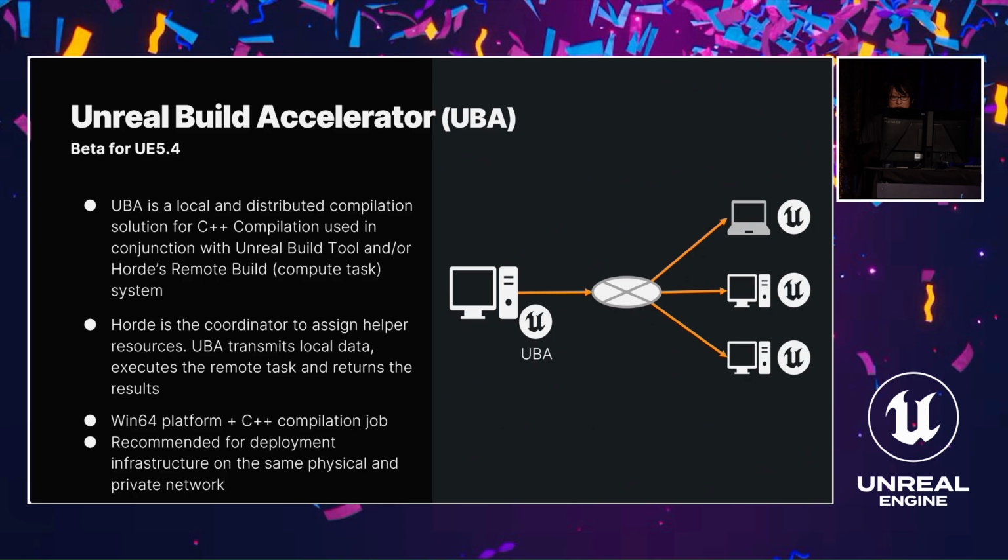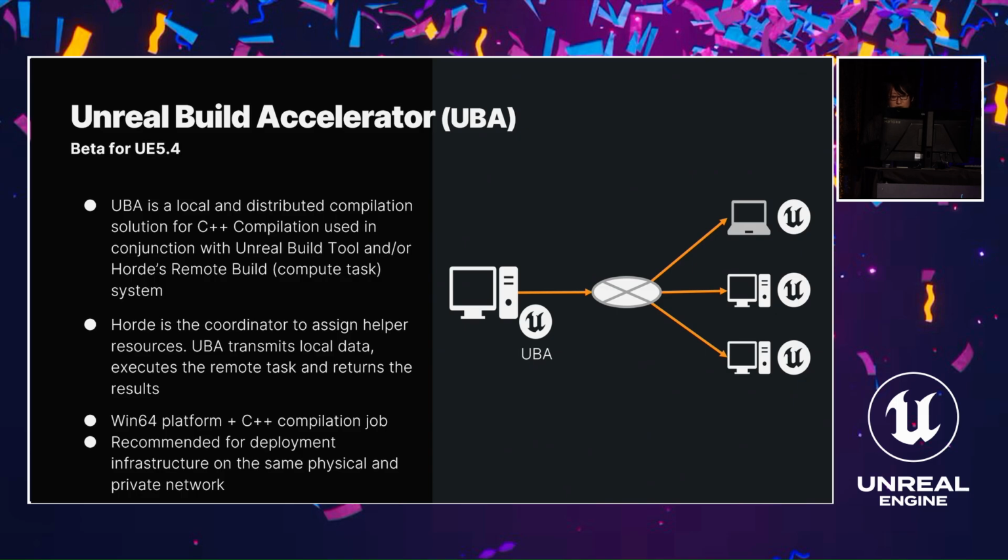UBA is a local and distributed C++ compilation solution used in conjunction with the Unreal Build Tool and the whole remote build system. As the figure on the right shows, UBA assigns build tasks to multiple PCs and builds remotely. We released UBA as a beta version in UE 5.4.